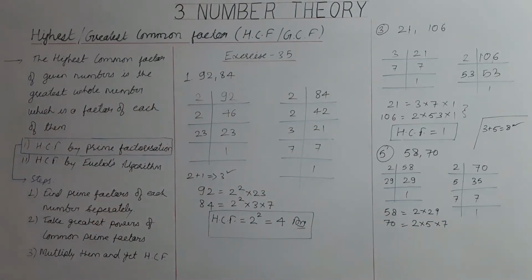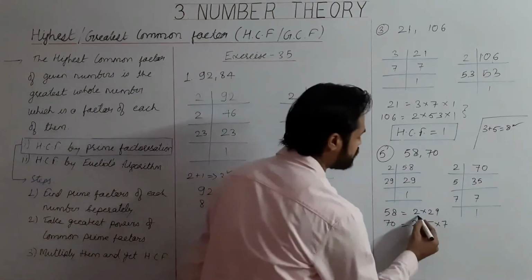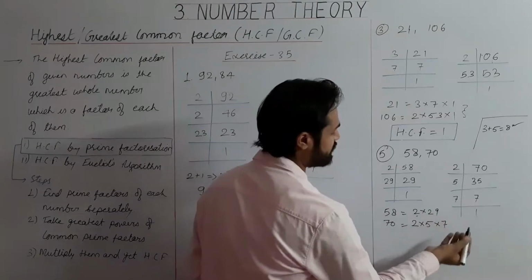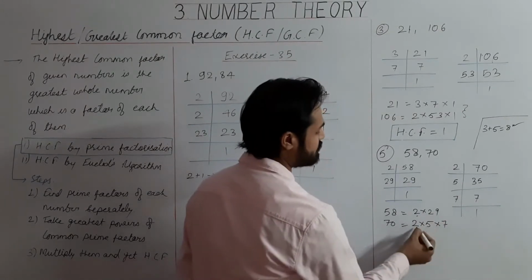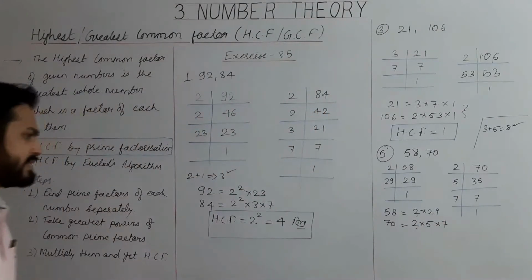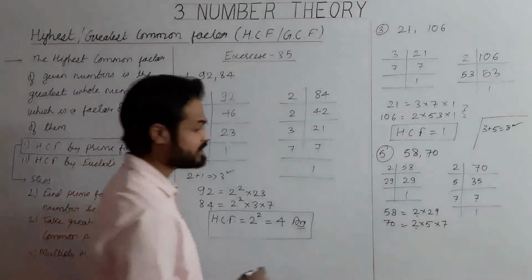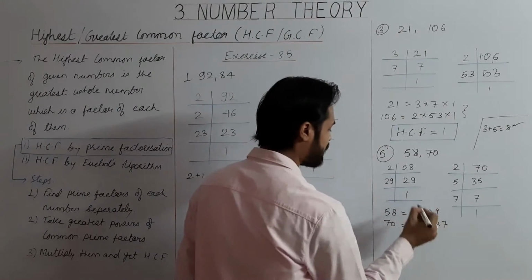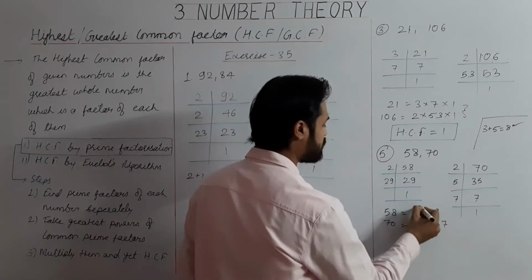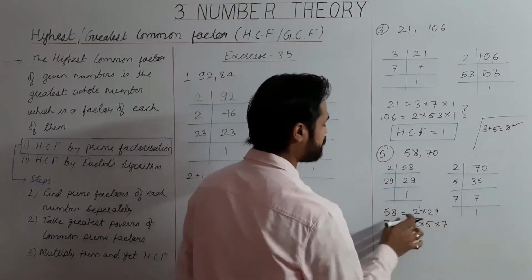Okay. Now take greatest powers of common prime factors. Here only 2 is a common factor. After 2, 29, no. 5 and 7, no. So only 2 is the common factor, and we have to take greatest powers. Greatest power means we can write 2 to the power 1 in place of 2.